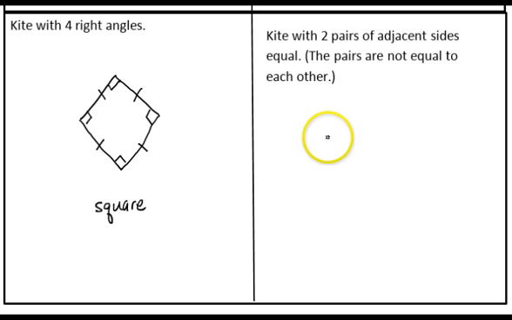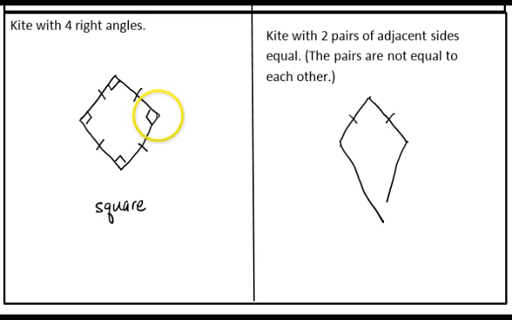In the last box, the directions say to draw a kite with 2 pairs of adjacent sides equal. The pairs are not equal to each other. So this is more similar to the first example I gave for what a kite is. So a kite has adjacent sides that are the same length. The other 2 sides also have to be the same length.